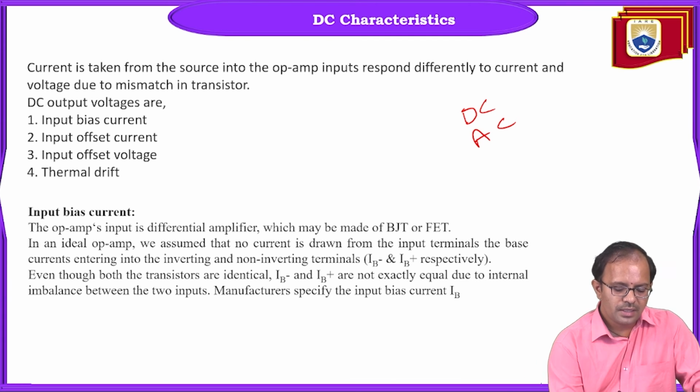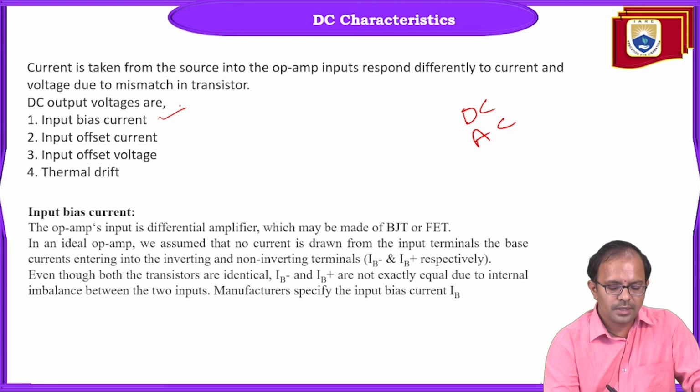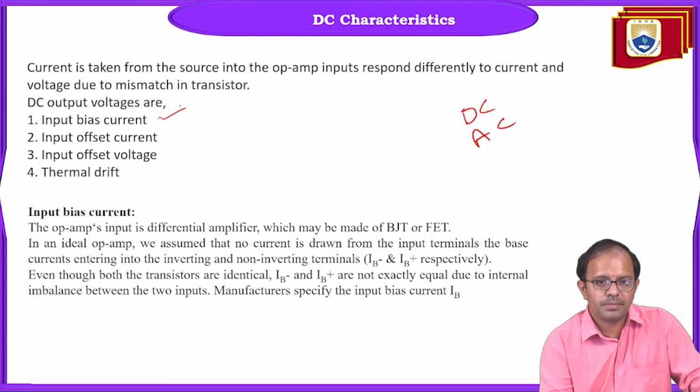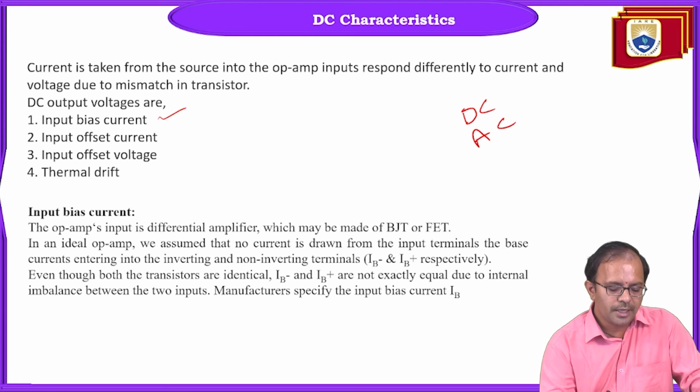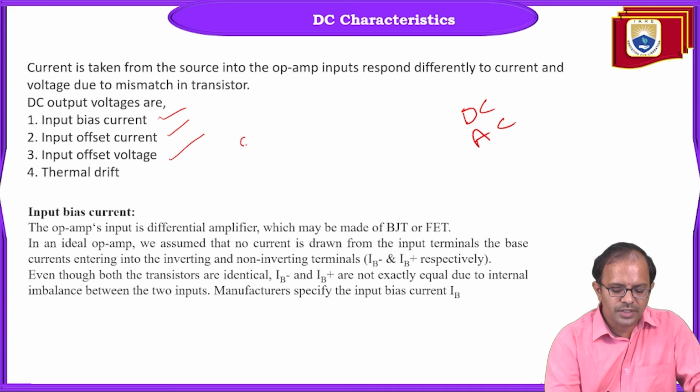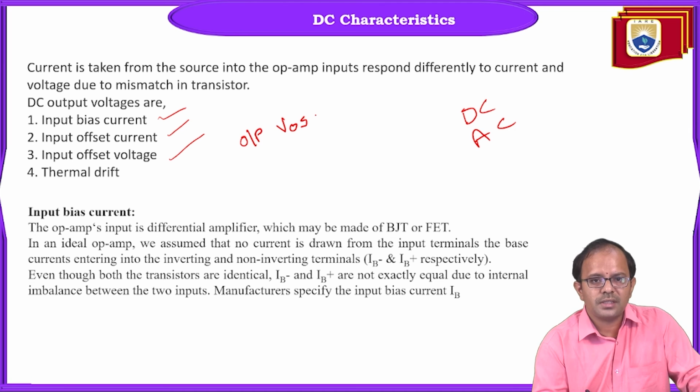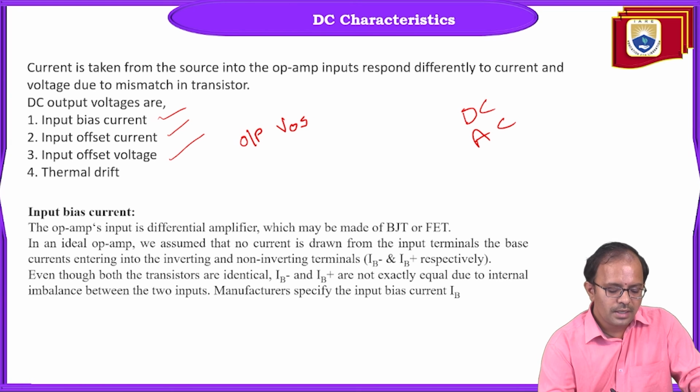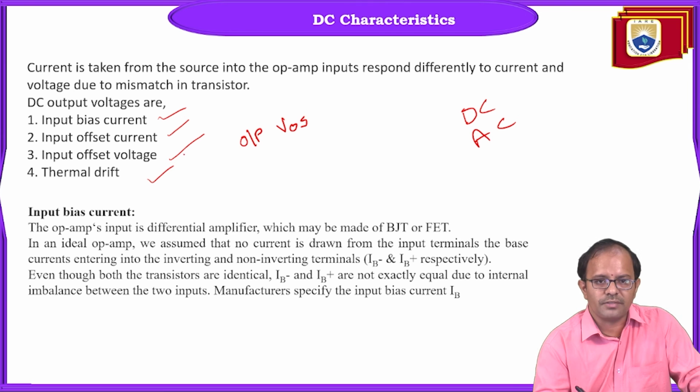What are the four DC characteristics? Input bias current, input offset current, input offset voltage, and also output offset voltage, which we call VOS. And finally, thermal drift.